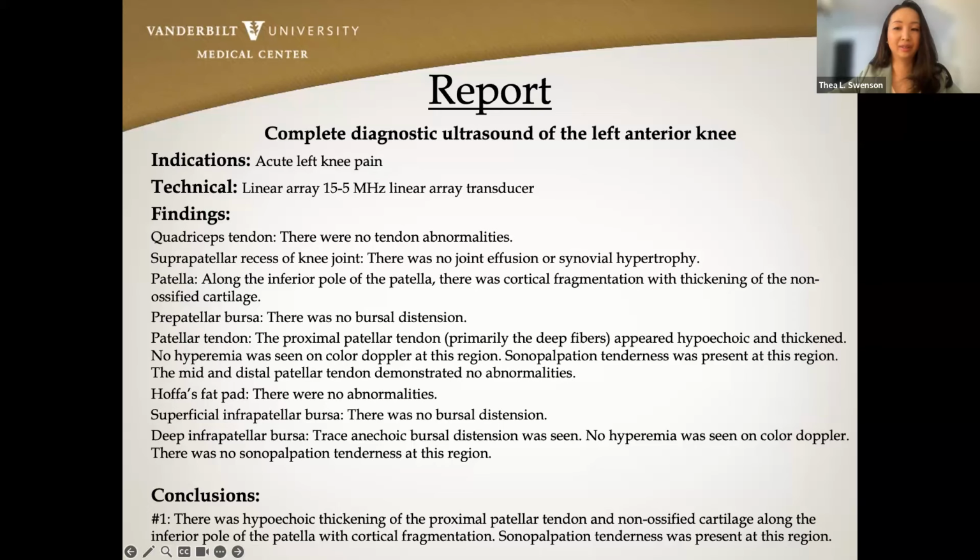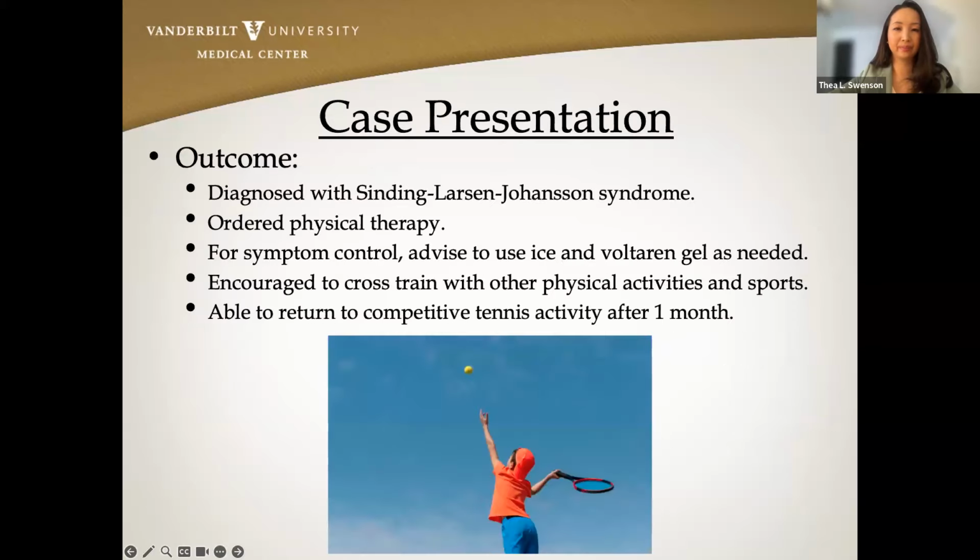That confirmed our clinical suspicion. So based on clinical presentation and our ultrasound findings, he was diagnosed with Sinding-Larsen-Johansson syndrome. We ordered physical therapy, recommended ice and Voltaren gel as needed. He was encouraged to cross-train with other physical activities and sports, and he was able to return to competitive tennis after 1 month.